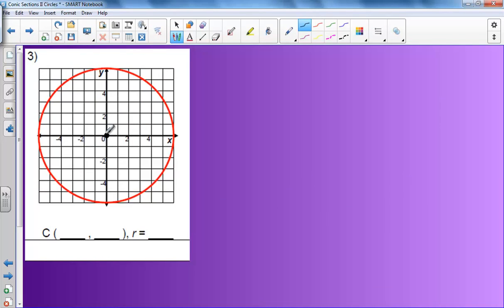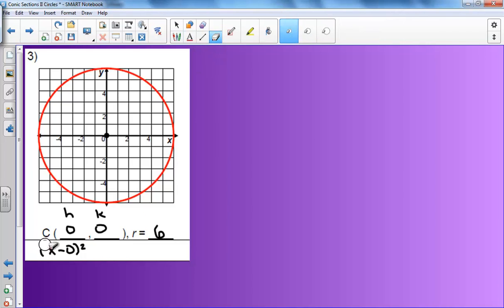Alright, and then in this example, our center is at (0, 0) here, so I want to show you how we write that a little bit differently. So that's h and k, and our radius is going to again be out to the edge, so our radius here is 6 units. So if your h is 0, we could write (x minus 0) squared, and you'll see in the calculator when you actually do the graphing using the template you have to do this, but you're not actually going to see it written that way most times.